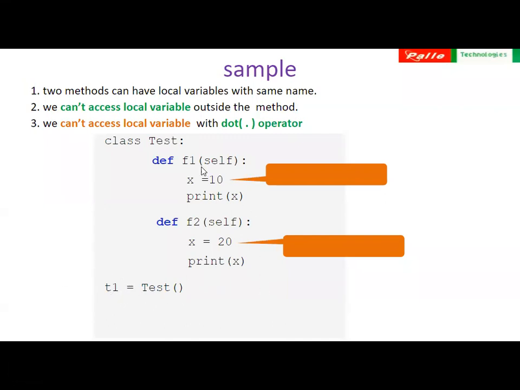First of all, tell me what type of variable is this x? Local. So can I create a local variable with the same name in different methods? Yes, I can. Now, after creating the object, I'll call print t1.x and print x.